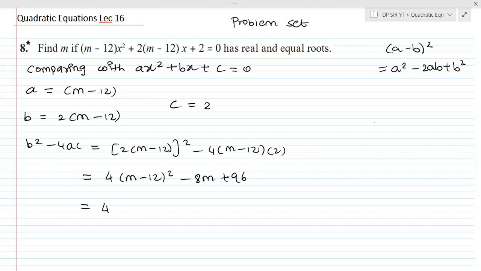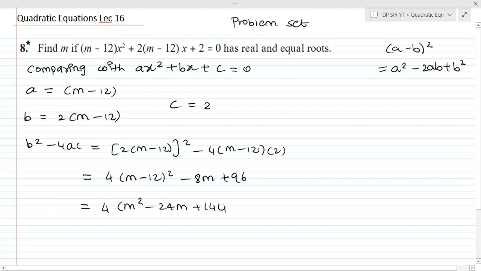So it's going to be m square minus 24m plus 144 minus 8m plus 96. Okay, here it's going to be 4m square minus 96m plus 576 minus 8m plus 96.